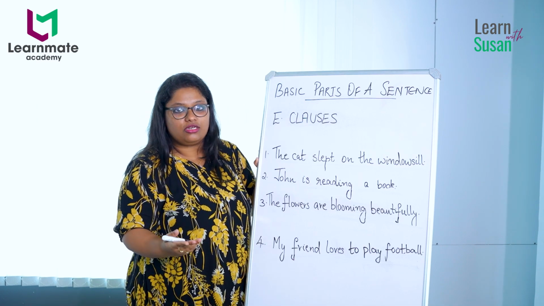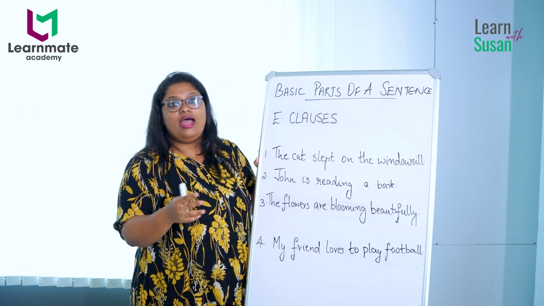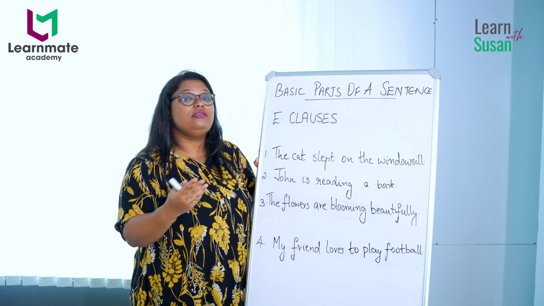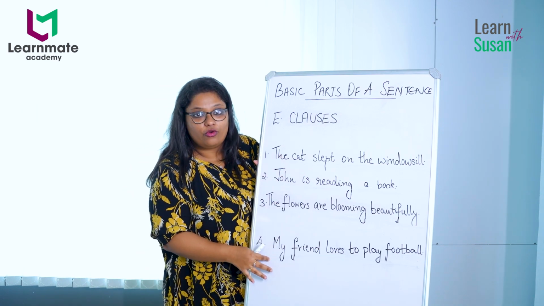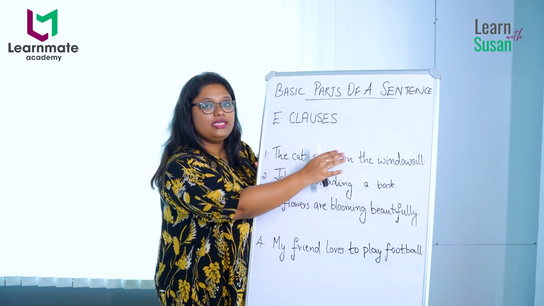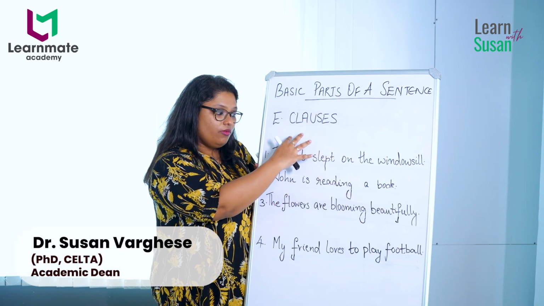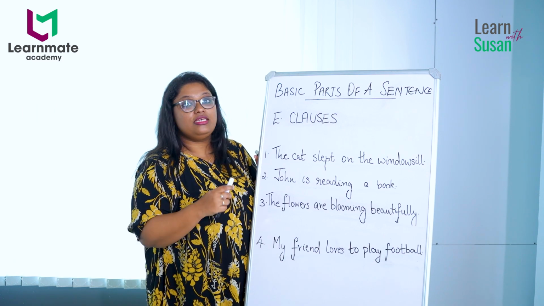Whereas a dependent clause has just a subject and a verb and it cannot survive alone. When we look at these four sentences, all four have a subject and a predicate. So all these sentences are independent clauses.